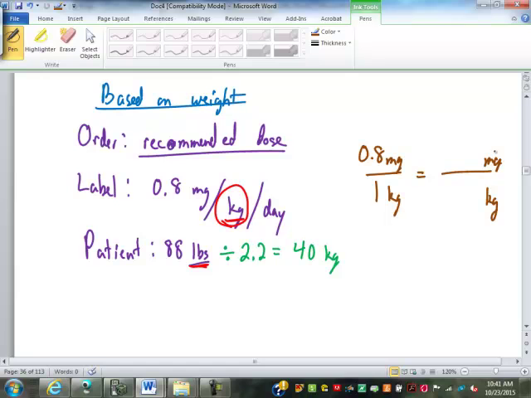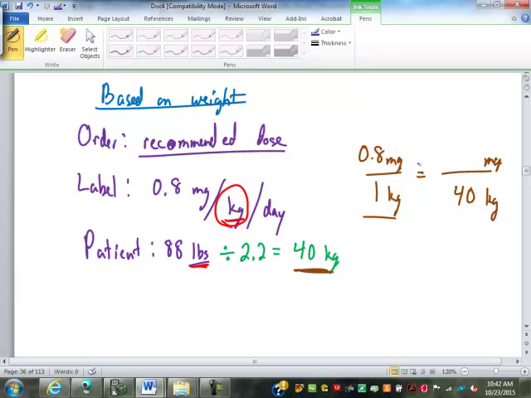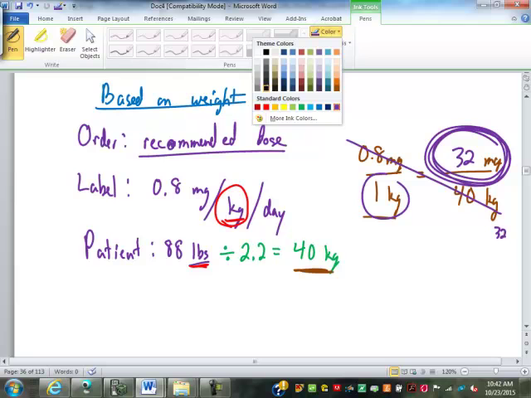All we want to do is change it from 1 kilogram to what the patient is, which is 40 kilograms. So this is where we set up a proportion, and we will cross multiply and divide. 0.8 times 40 is 32. Divided by 1 is still 32. So the recommended dosage for this patient is 32 milligrams of that medication.